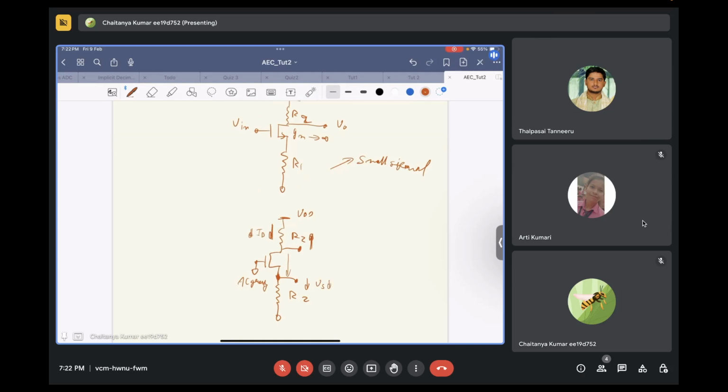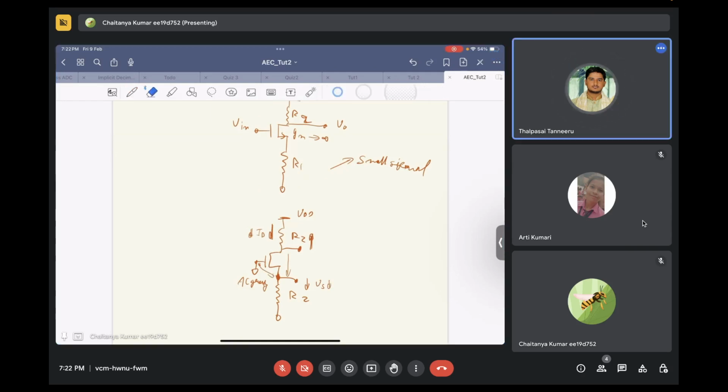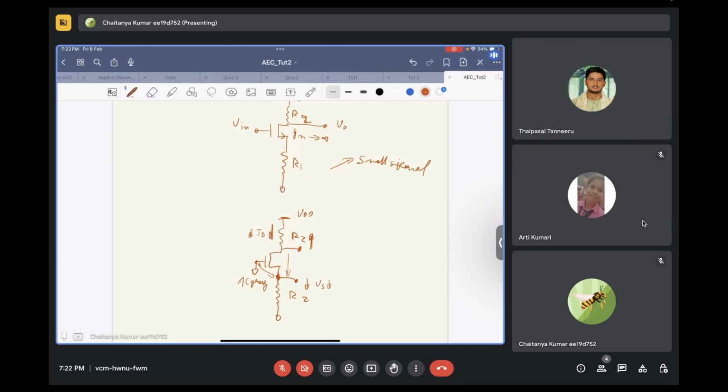Now, if the source voltage is getting reduced, what happens to VGS of this transistor? VG is grounded, so VGS is negative of VS, and VS is reducing.